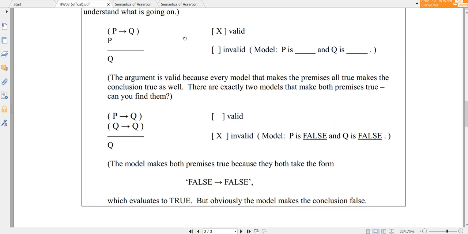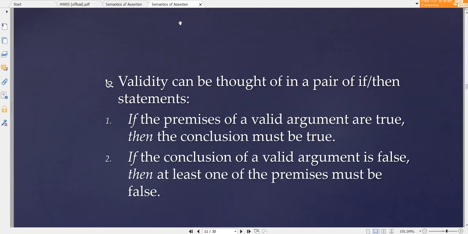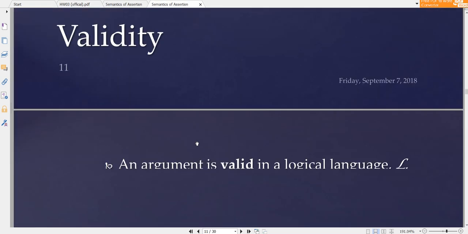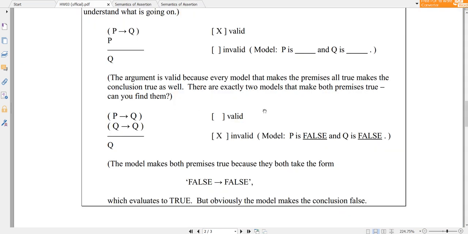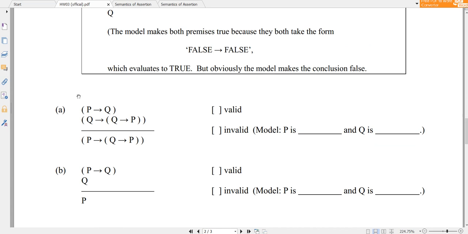And now you have the satisfaction of the definition of an invalid argument. You found at least one model, all it takes is one, that makes the premises true and the conclusion false. And we wrote that model down. There it is. P is false and Q is false.